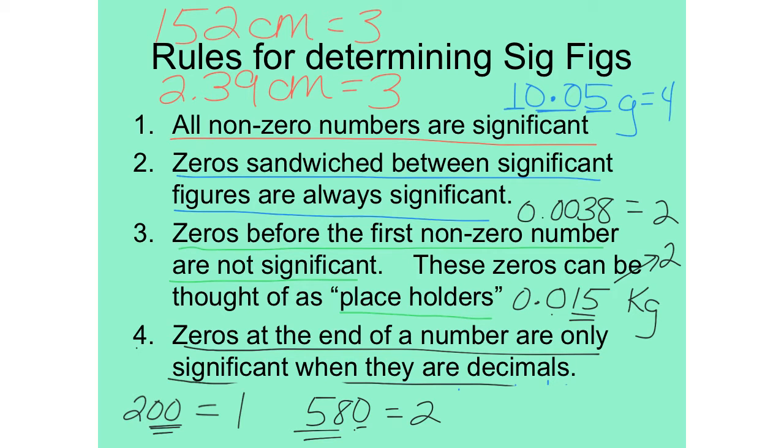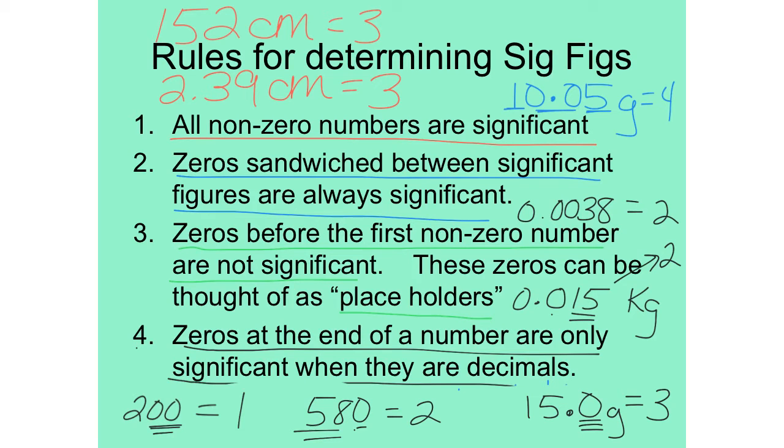However, if we have something like 15.0, that's going to be 3 significant figures because that 0 was added for emphasis. It was not added to maintain the numerical value. It was added to say that we know our measurement down to the 10th of a gram or whatever it is that we were measuring.